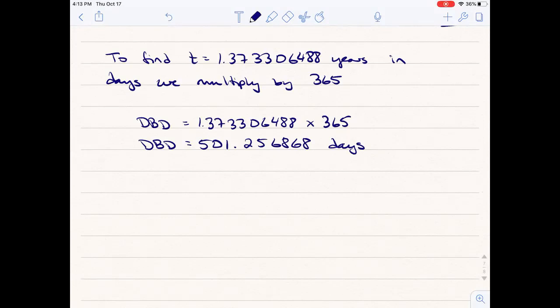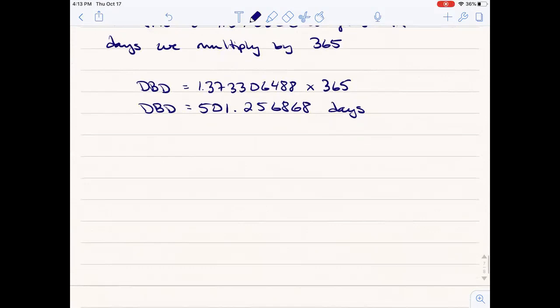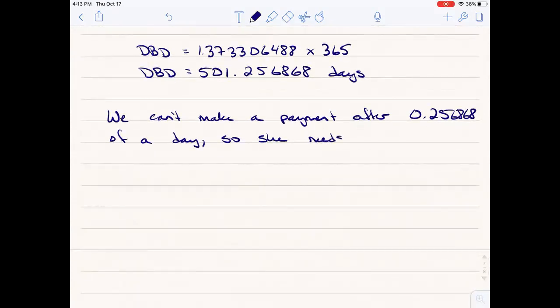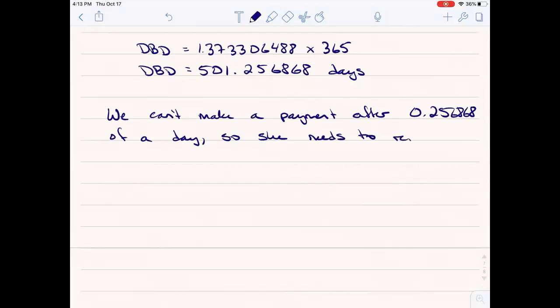So if you do 502, we can't make a payment after 0.25686 of a day. So she needs to repay the loan after 502 days, right?